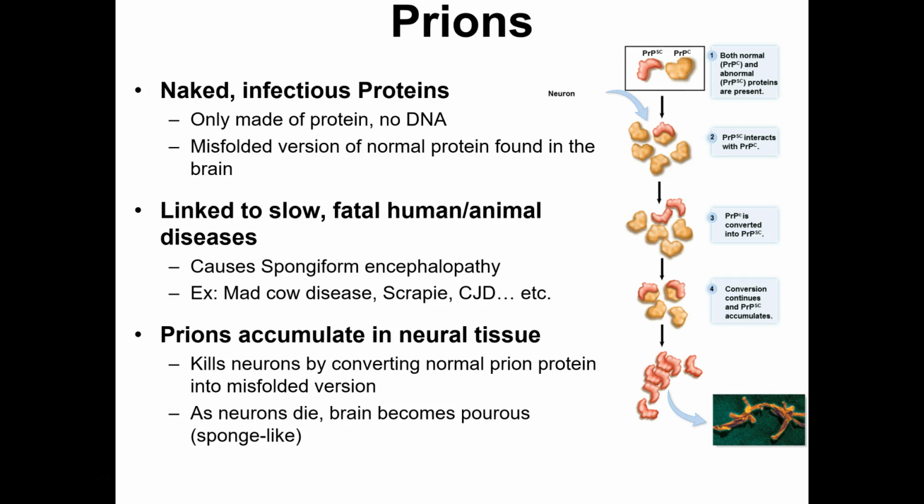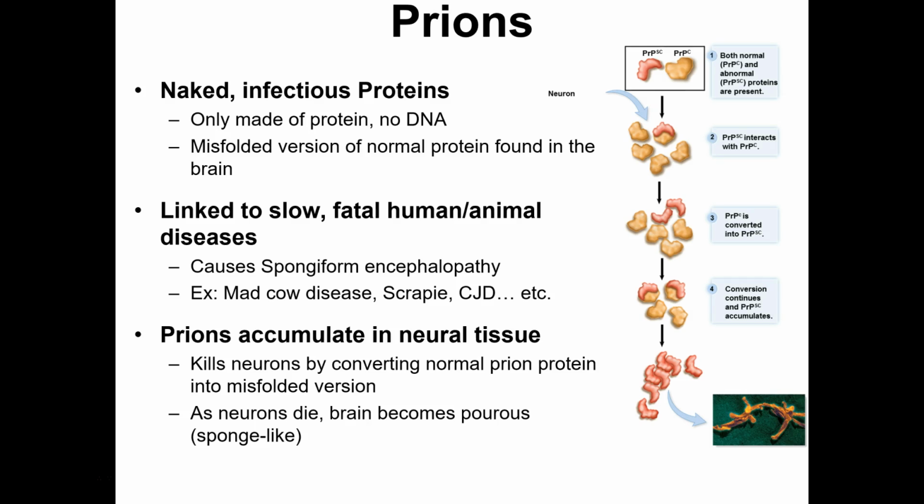So prions are infectious proteins. So there's no DNA or RNA involved. This is quite literally a protein gone rogue. And that's the best word for it. They've gone rogue. So prions cause spongiform encephalopathy.